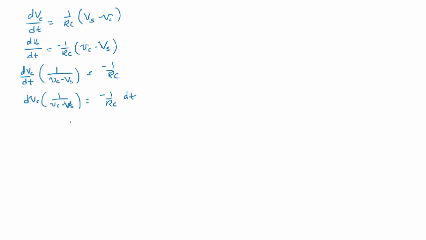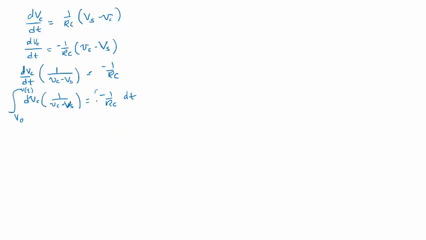But when I integrate, I'm not going to do an indefinite integral because I have initial conditions in this circuit. So I'm going to integrate from my initial condition on the capacitor, which is V0, to some time later, since I'm wanting to know what the behavior of the capacitor is at some time later on.